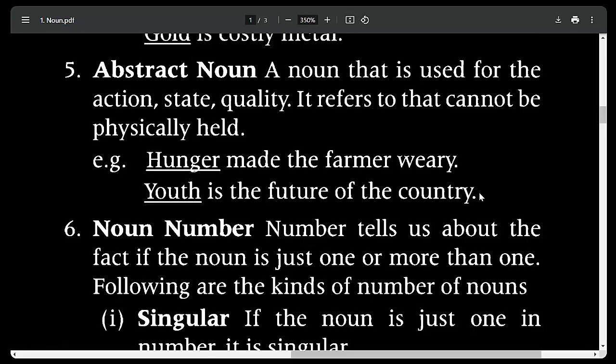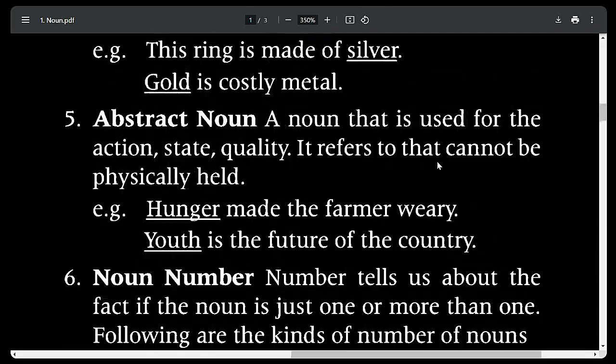Sir, then hunger is felt physically only, sir. For the other person, not for that person. For the other person, is it visible? Yes, sir. How is it visible? Sir, because I'm telling you the symptoms of hungerness. That hunger, is there any particular thing called hunger which is visible? No, sir. No, that's why it is abstract noun.